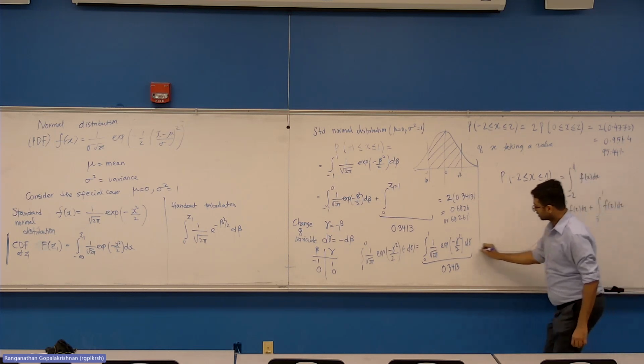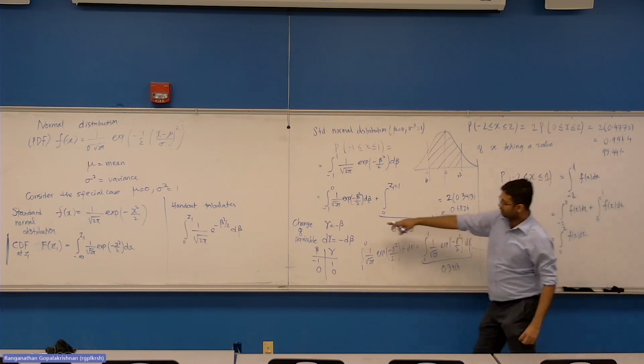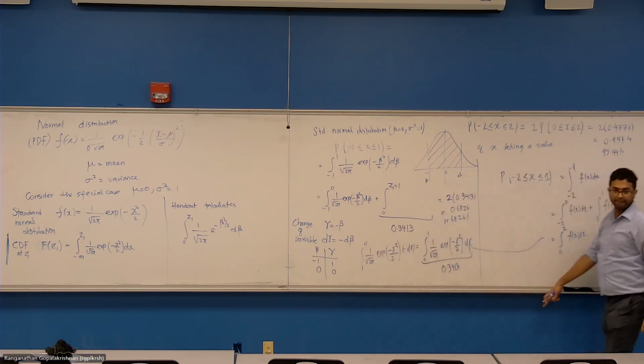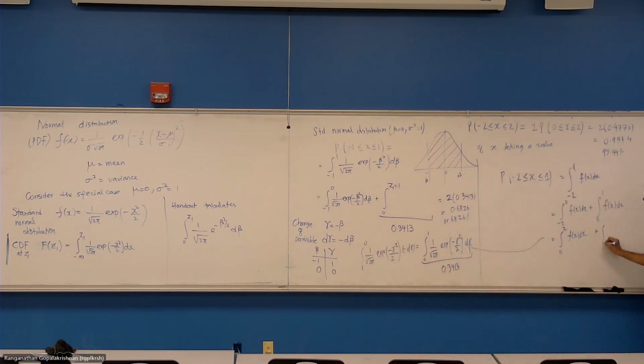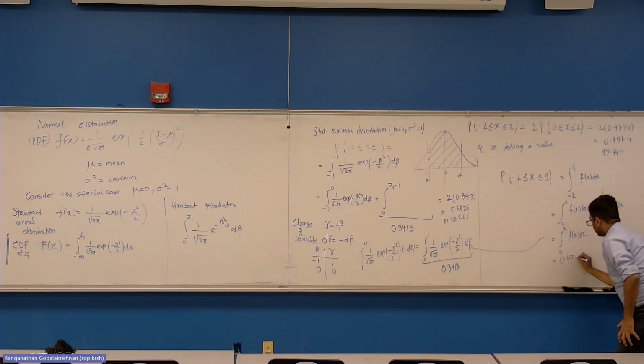How? The logic is right here. Same logic. It's an even function, so we can flip the limits and reverse the sign. If you want to do it step by step, go through these steps. Plus 0 to 1 f of x dx. Can you look up the value for 2.00 and 1.00? We just did that. 0.4772 plus 0.3413.